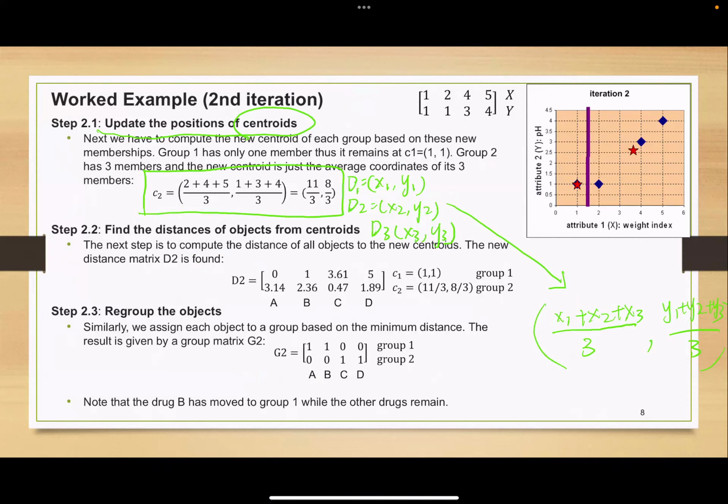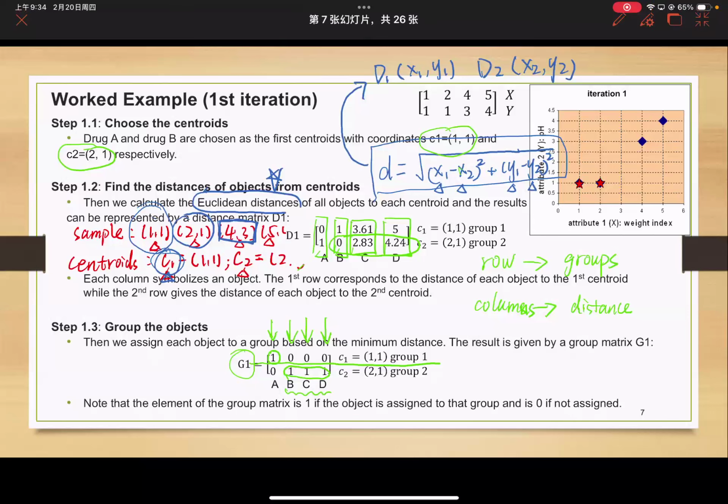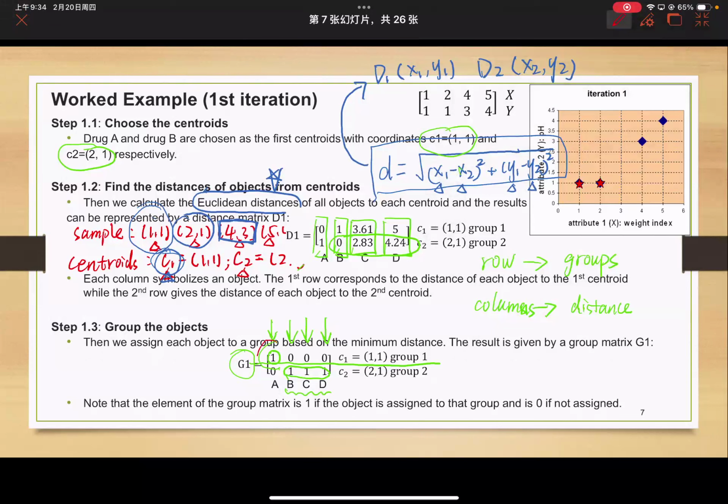And for C1, because we only have one data point here, right? A is in group 1, and B, C, D is in group 2.